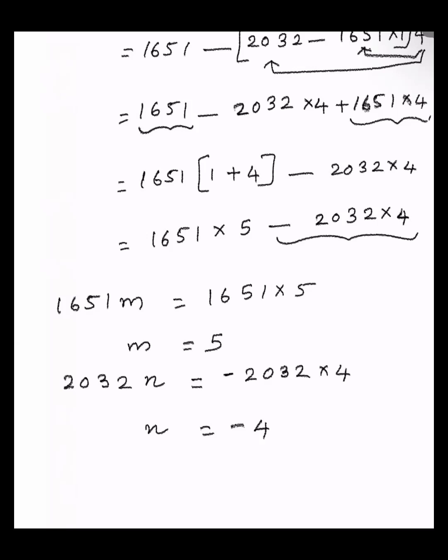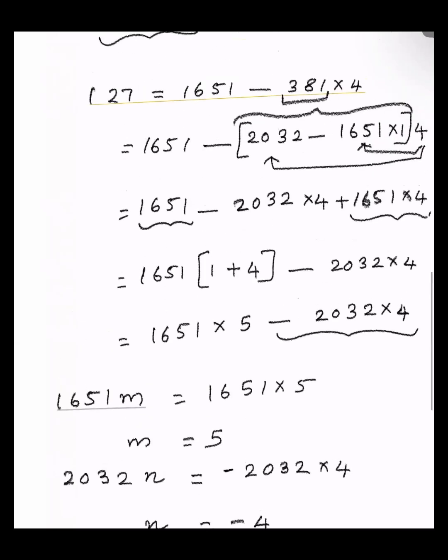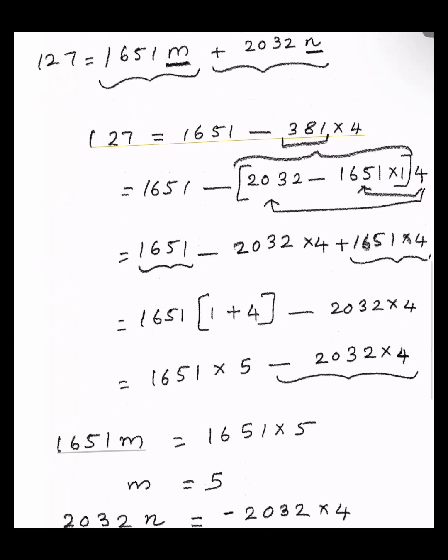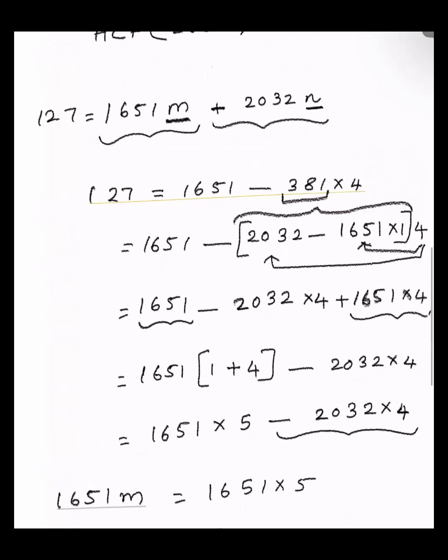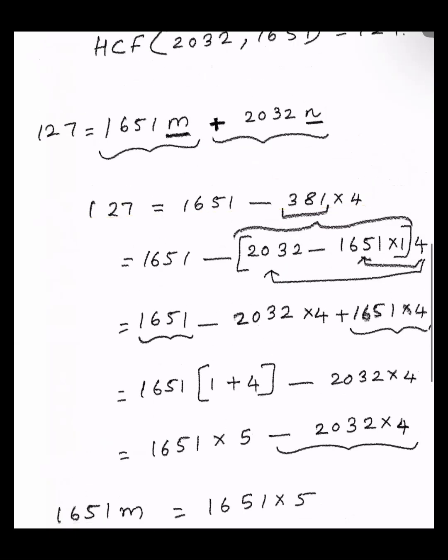Remember, you have to write n as negative 4 because in the given expression, in front of 2032n, the sign was positive. 2032 was a positive number.